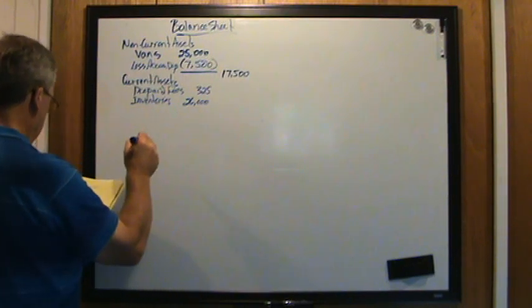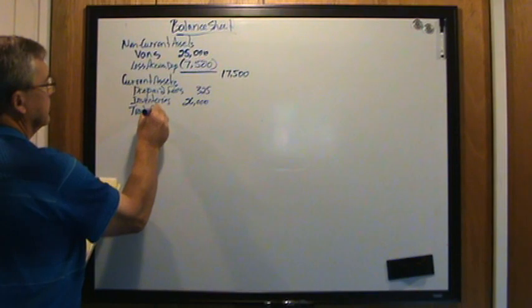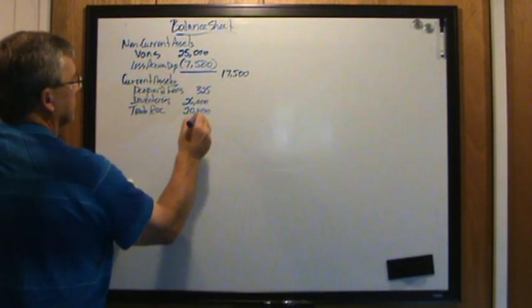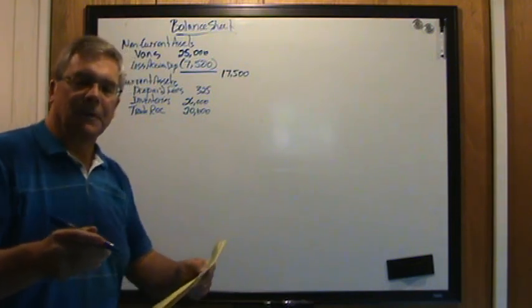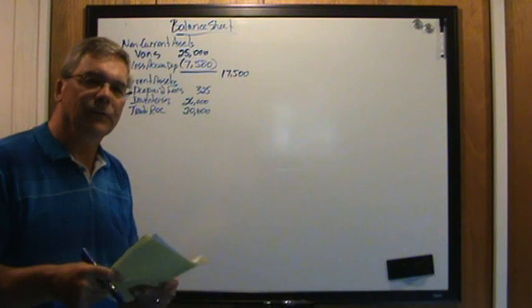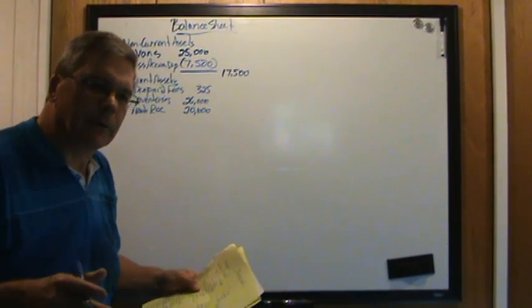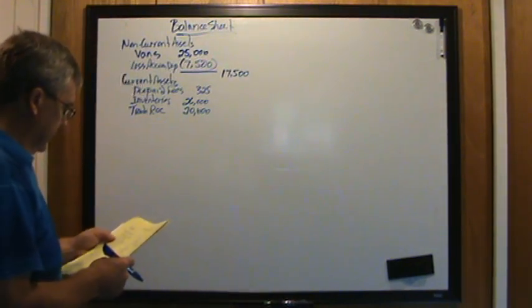Trade receivables or accounts receivable of 20,600. I'm using abbreviations here, but please resist that. I'm just doing it for space and for demonstration, but please write out these accounts. They're supposed to be written out in full each time you write them in.